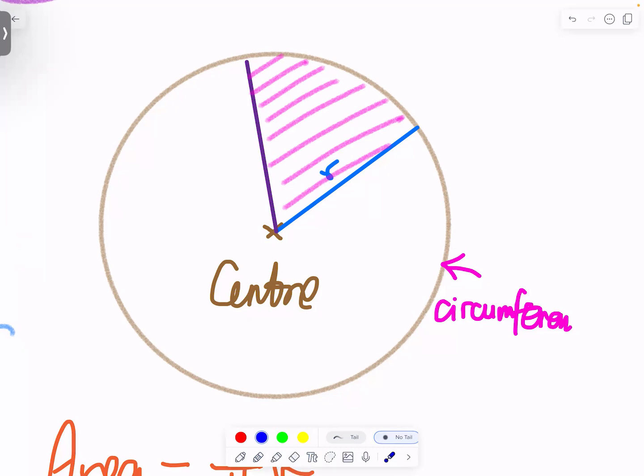Now, a whole circle is 360 degrees, and for a sector we need to know what part of it we have. So we will have a thing called an angle here, which we call theta.